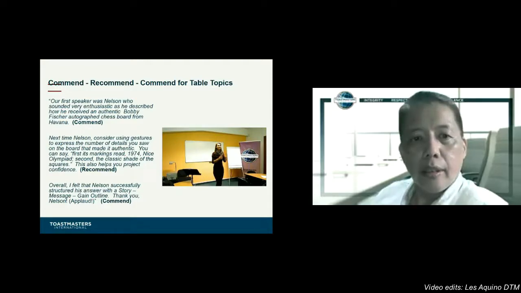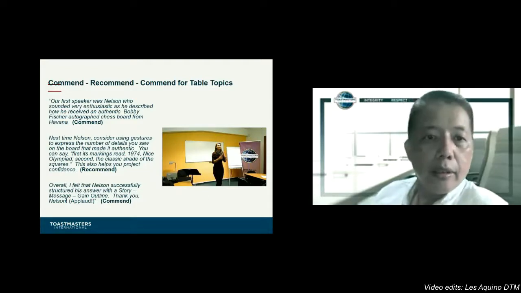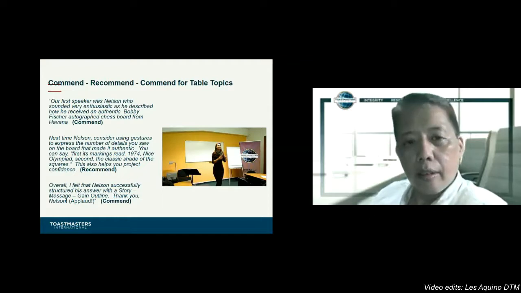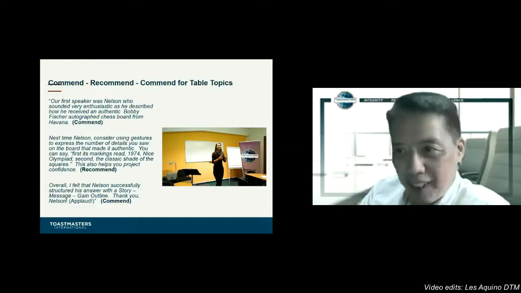You can say, first, its markings read 1974, Nice Olympiad. Second, the classic shade of the squares. This also helps you project confidence. Overall, I felt that Nelson successfully structured his answer with a story, message, gain, outline. Thank you, Nelson. Well done. Very important, an applause, okay?